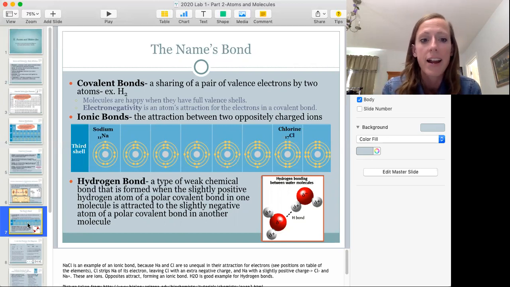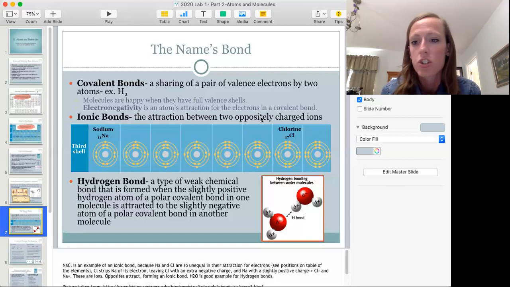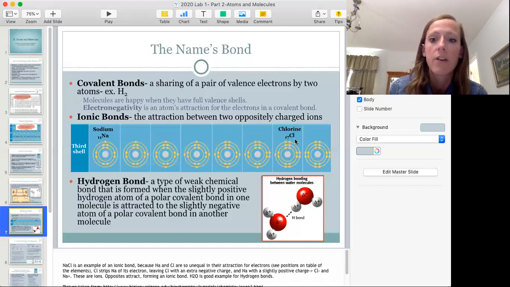All right, the next type of bond that we've talked about, but I'll make sure we put a name to, is an ionic bond. An ionic bond is the attraction between 2 oppositely charged ions, so a cation and an anion. And we talked about this with sodium chloride. So what you have here is that sodium is going to be basically stripped of that electron because of the high electronegativity of chlorine, and it's going to then have a negatively charged chloride ion and a positively charged sodium ion.